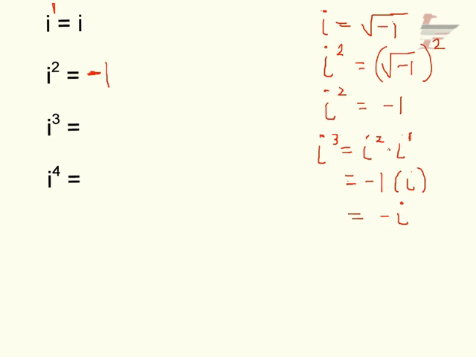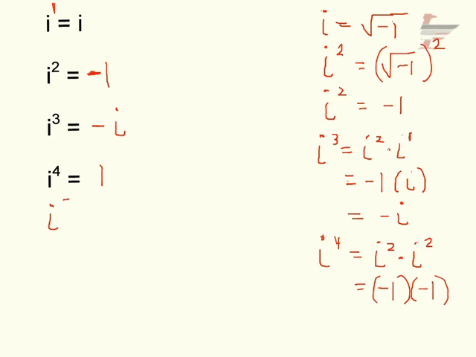So that means i cubed is a negative i. Keep going. i to the fourth is a product of i cubed times i, or i squared times i squared. I'm going to go that route because that's easier. i squared is -1, i squared is -1, and -1 times -1 is +1.